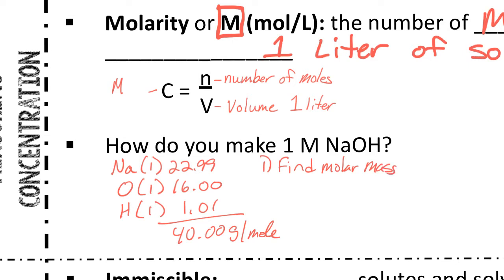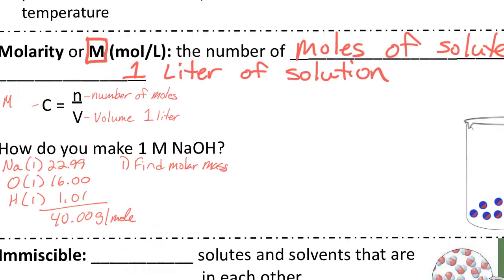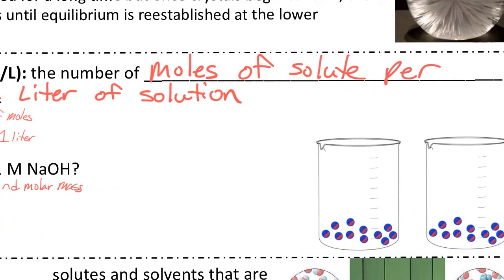Since this is a 1 molar solution, I'm going to need 40.00 grams of NaOH. Step number 2, we're going to come on over here to our beaker. So number 2 is place desired number of moles in empty beaker.